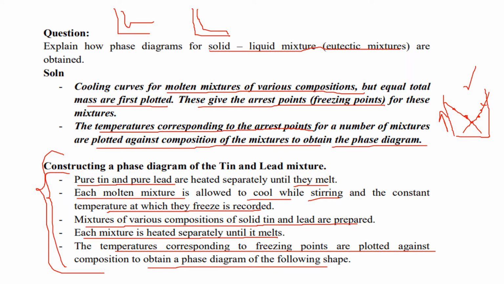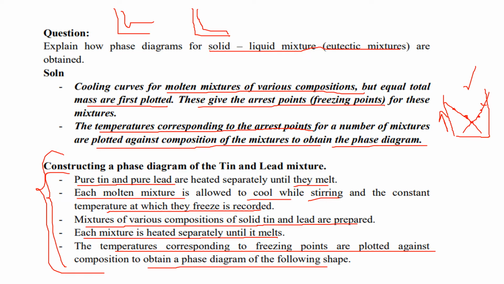Pure components of substances are separately melted and then they are separately cooled, and you get their arrest or freezing points. After that, the mixtures of various compositions are prepared. After preparing them, you also melt them, because remember that tin and lead exist as solids at room temperature, so they are going to be melted separately. After melting them, you obtain their cooling curves.